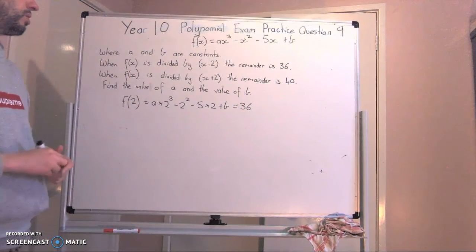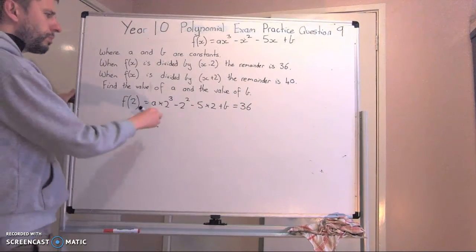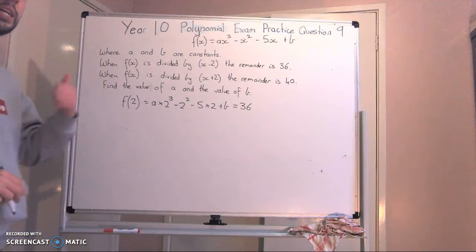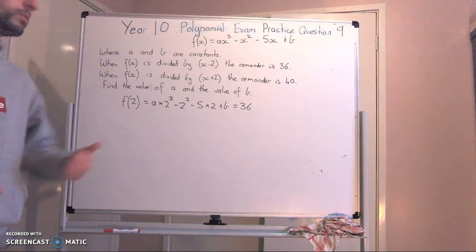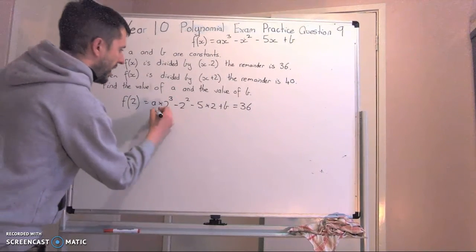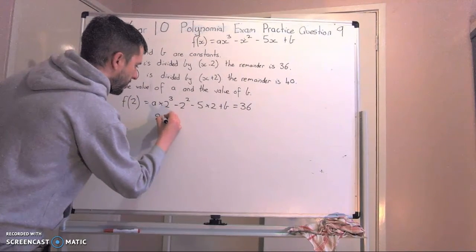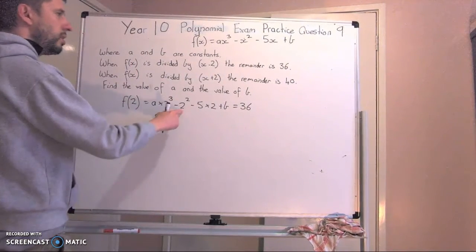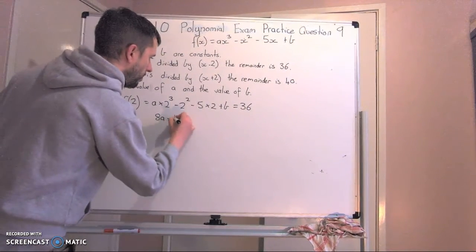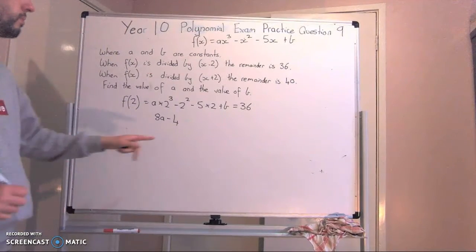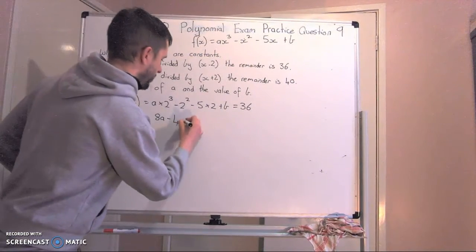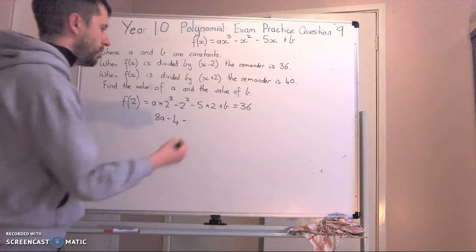I am able to simplify this now. 2 to the power of 3 is 2 times 2 times 2, which gives me 8. So I've got 8a. Minus 2 to the power of 2 is 4. Take away 5 times 2 is 10.